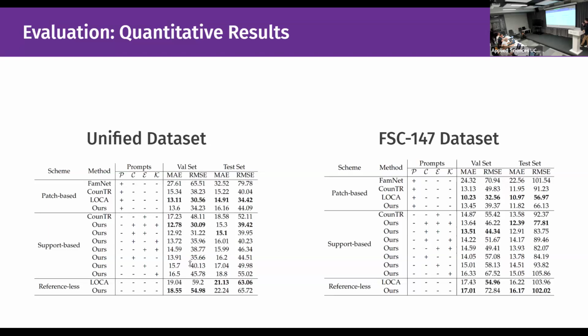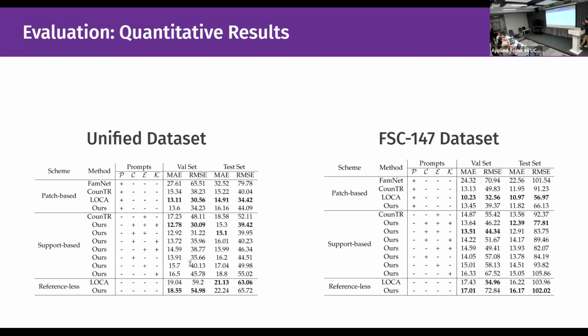Okay, so on the unified datasets, it is also important to note that the counting transformer is the only model that can work in the support-based mode, only using the object templates, while the other state-of-the-art methods can only use patch exemplars, and here they are specified as prompt P. On the unified dataset, our model achieves results comparable to the patch-based methods, and it's also true for the reference-less mode.